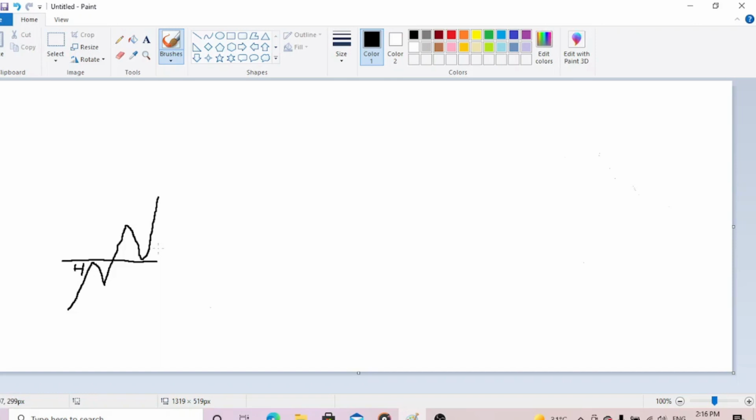creating a low here. So this is a high, this is a low, this is a higher low, and this is a higher high.